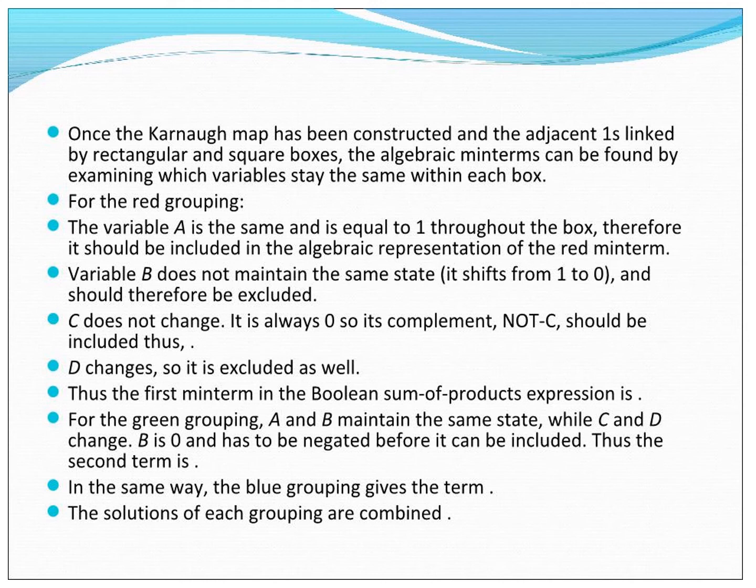For the green grouping, A and B maintain the same state, while C and D change. B is 0 and has to be negated before it can be included. Thus, the second term is AB complement. In the same way, the blue grouping gives the term BCD complement. The solutions of each grouping are combined.